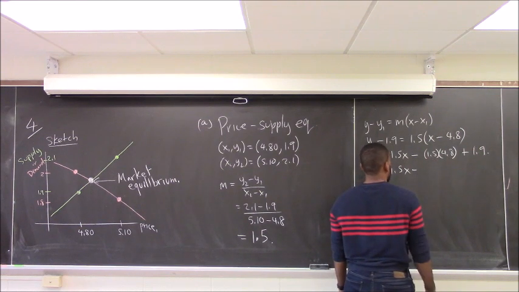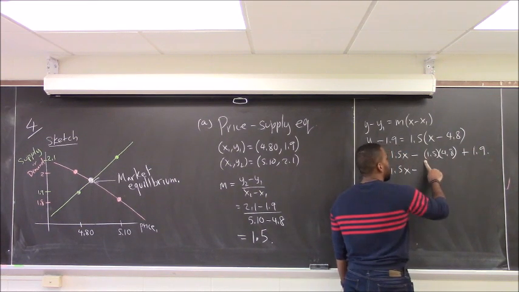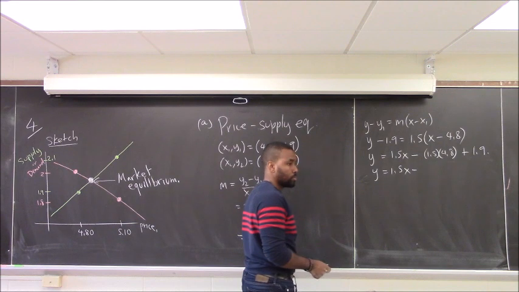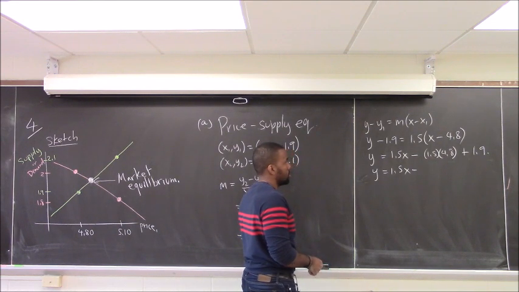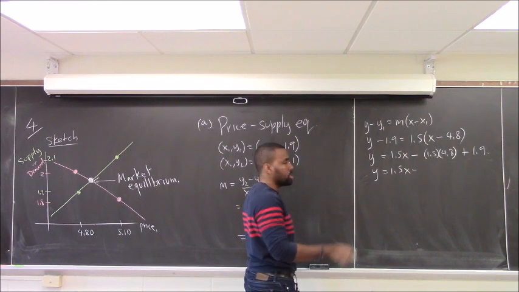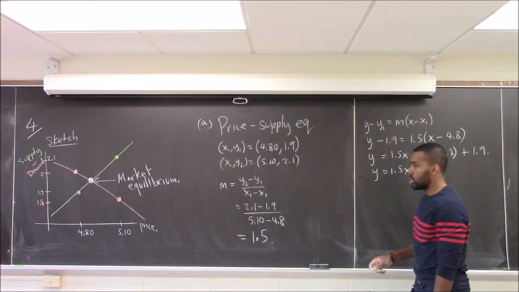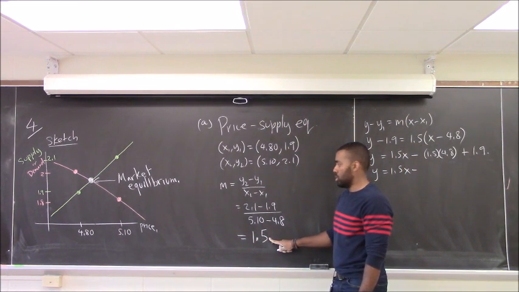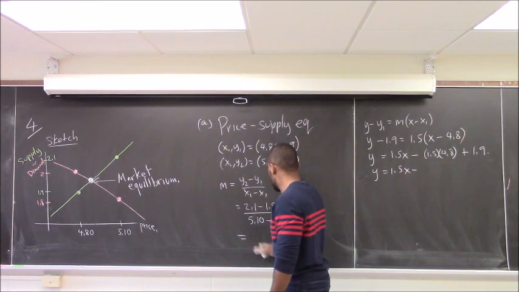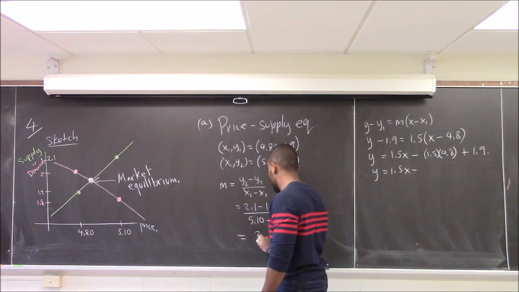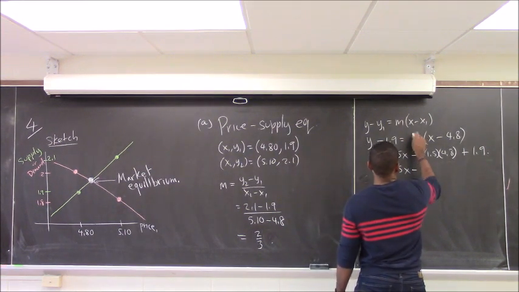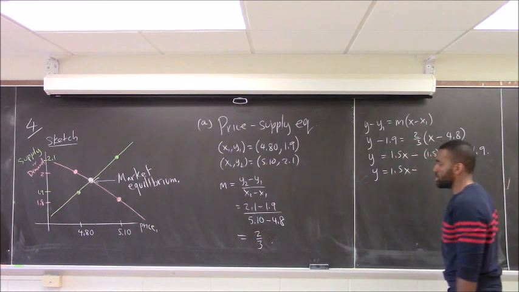Or do 1.9 minus this number, what do you get? So put 1.9 minus, open parentheses, 1.5 times 4.8, close parentheses. What do you get? I think the slope is 2/3. As a decimal? 0.666. Oh, it's exactly 2/3, like 2 over 3? Oh, let's actually just use that. So it's like, yeah, 0.666666.